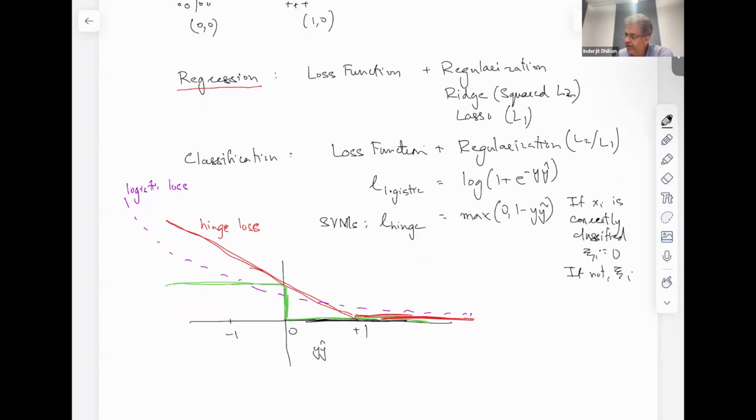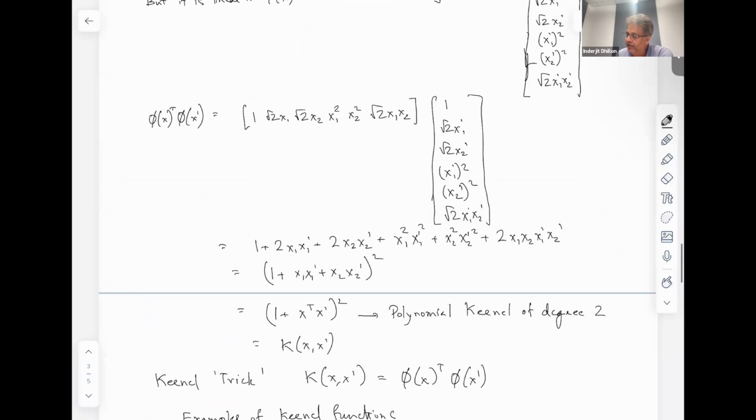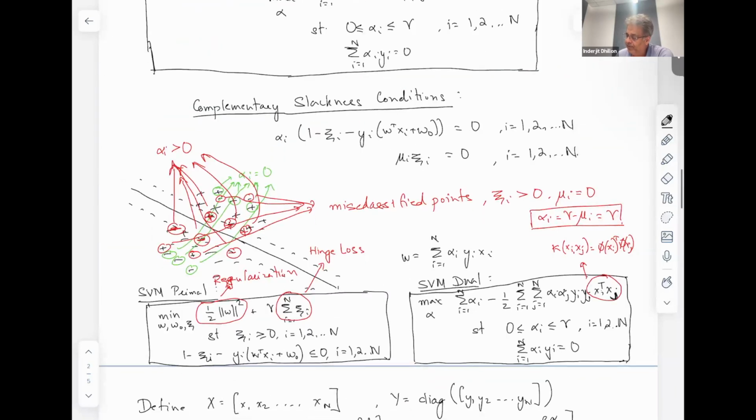If I go back and look at the SVM primal here, this is the non-linearly separable one where we have the psi i's, which are the slack variables. This is i equal to 1 to n, so this is over the training data.